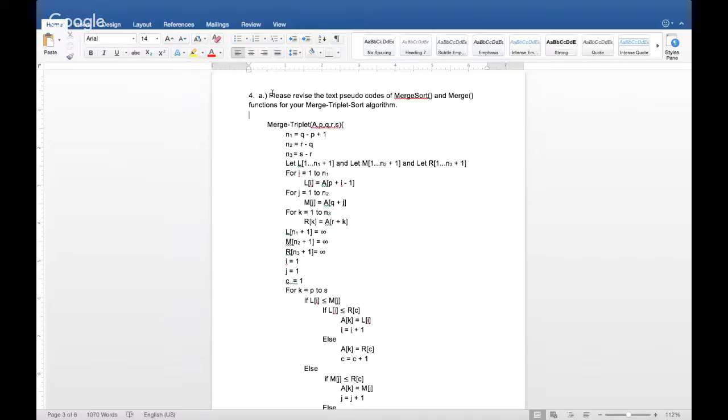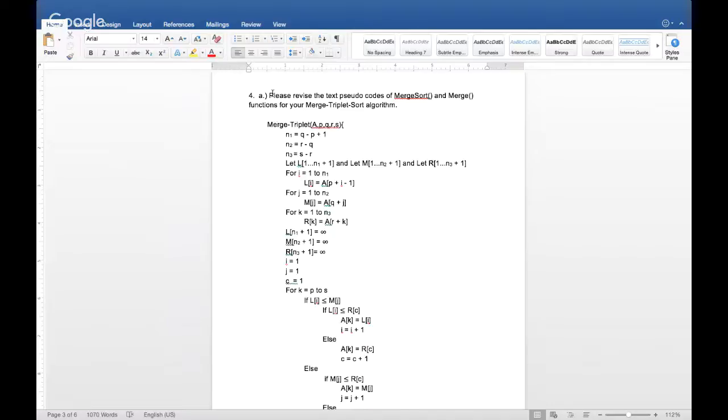Originally they divide into 2 separate arrays, and that is called recursively. So for this question, for merge sort and the merge function, we need to transform those to allow it to divide into 3 arrays.